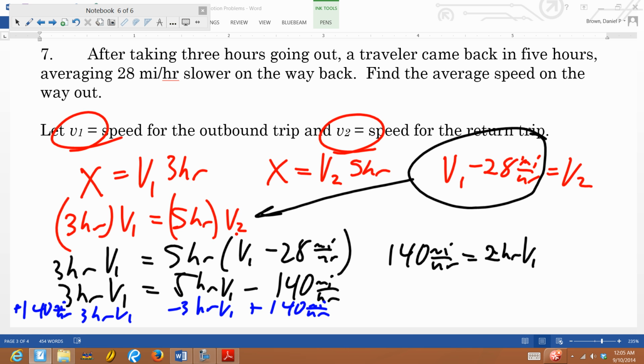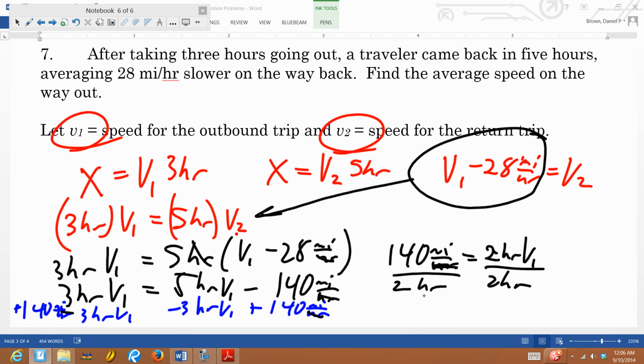And we can divide by 2 hours. I just noticed one more thing here. These hours cancel these hours. So this unit, 140, would actually be miles. You divide it by 2 hours, and that's how we get miles per hour.